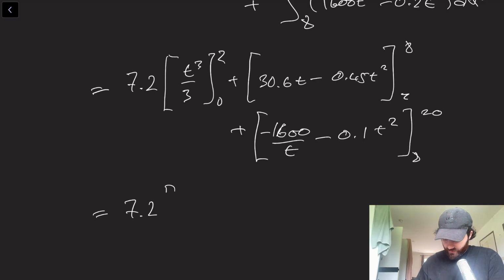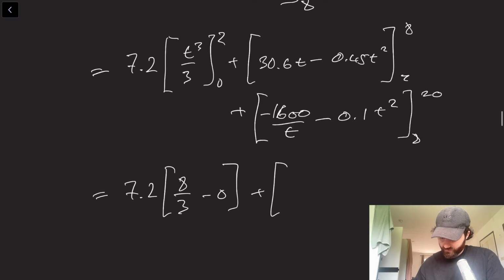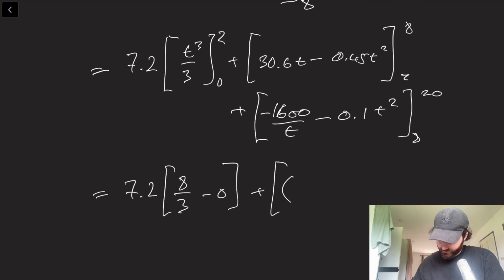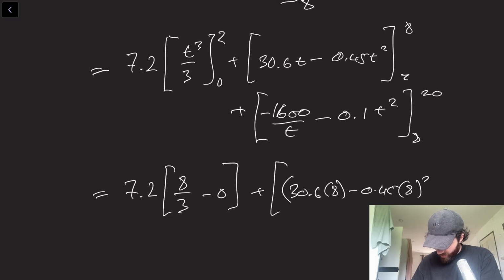So this thing would be 2 cubed is 8, so 8 over 3 minus 0. Plus this thing is going to be 30.6 times 8. I'll write it all out. 30.6 times 8 minus 0.45 times 8 squared.